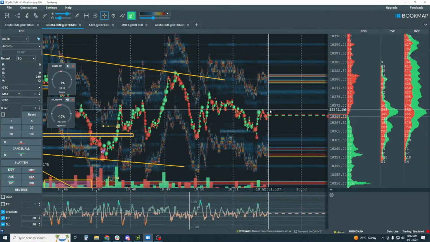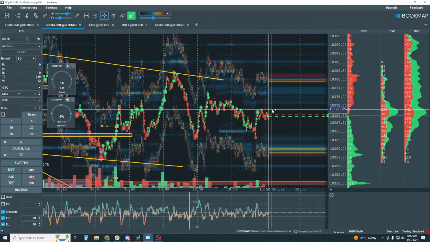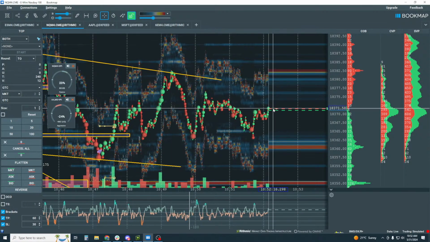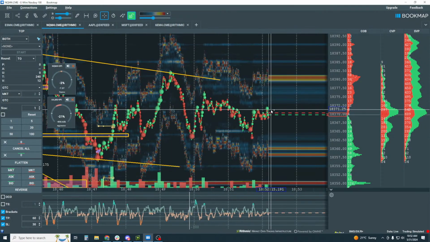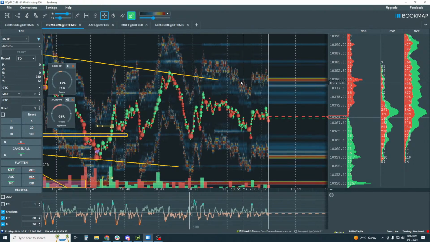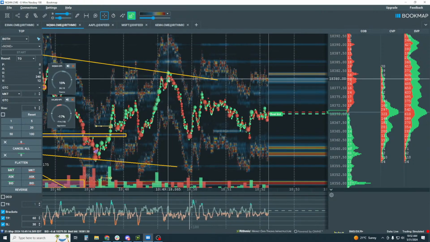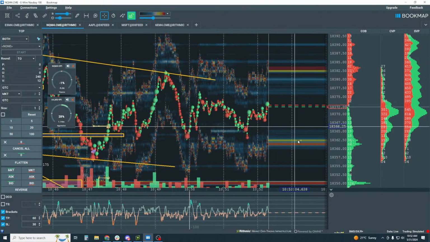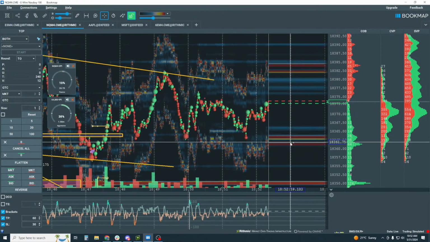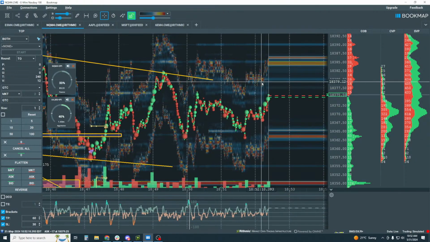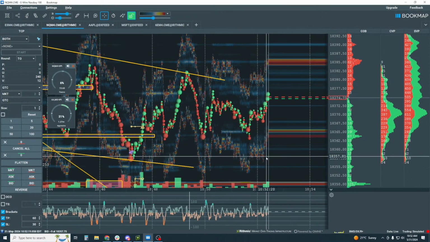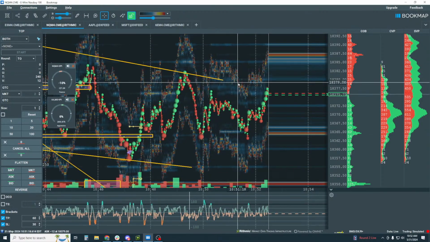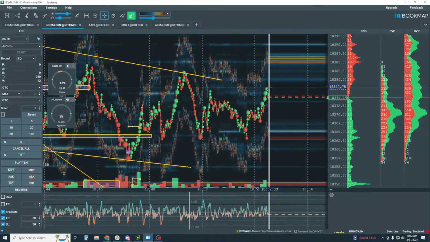Okay, so let's see if we can get a bit of buying right here at 371, and then continuation. There we go. See if they can continue. So we're looking for a move back up to somewhere around here, 380 or so. Okay, not bad, almost there.